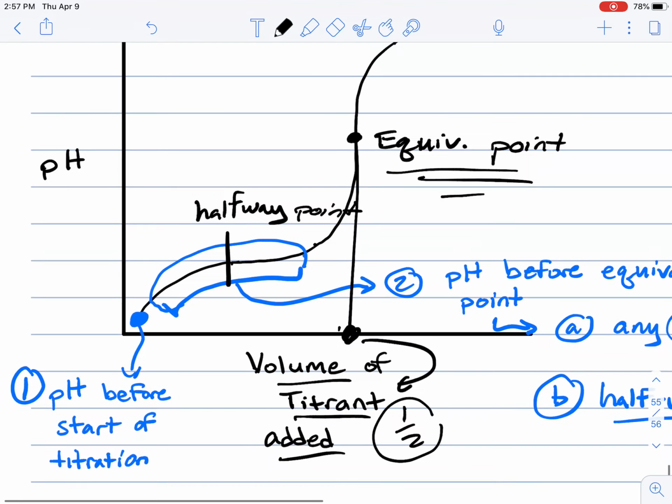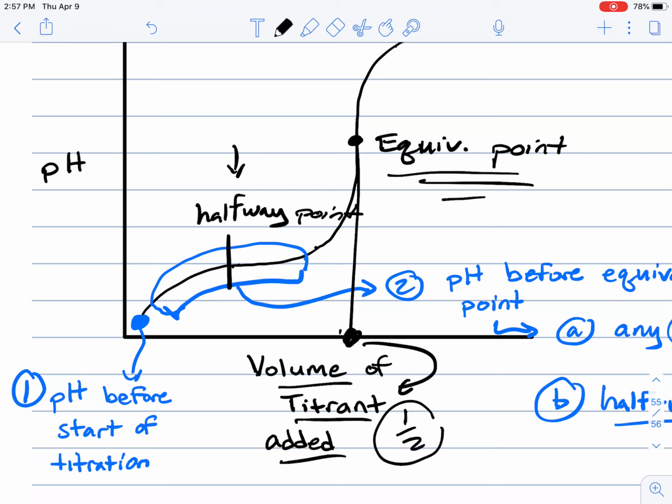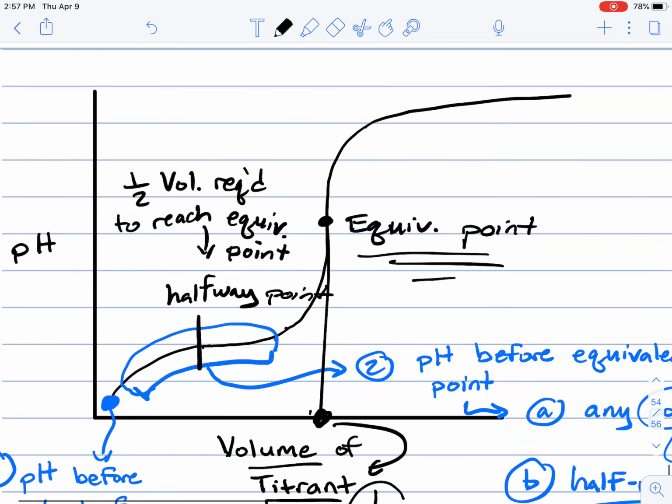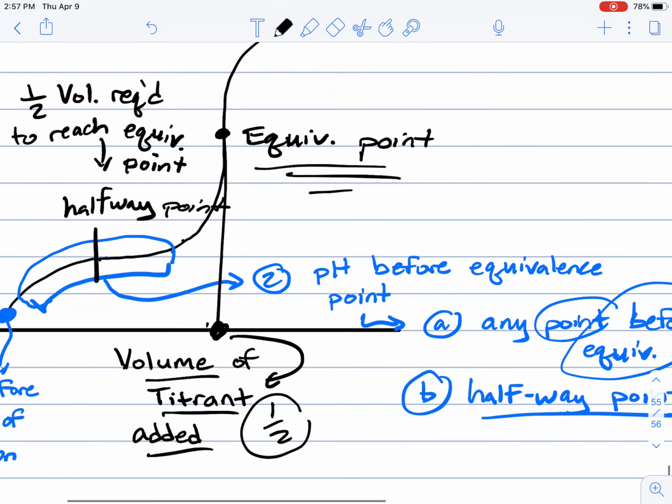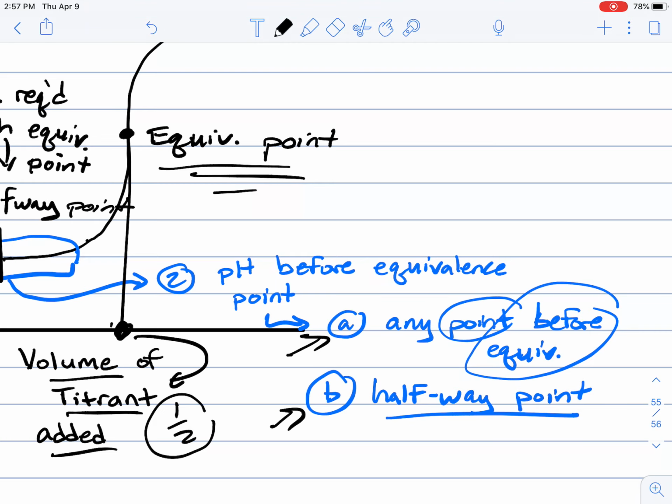So it's going to be 1/2 the volume required to reach the equivalence point. Okay. And we'll look at several examples to calculate both of these.